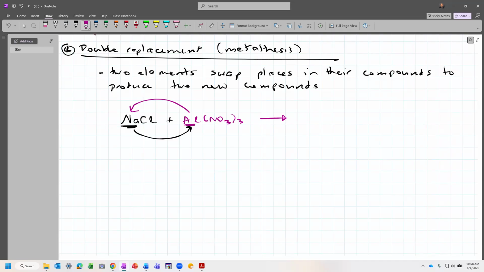And then when you now combine those, when you make those two new combinations, you have to make sure that they combine in the correct ratio, right? So you need to come up with the correct formulas, which means you need to know the charges that these ions will have, and then you need to combine them in the correct ratio so that those charges cancel out. Right?